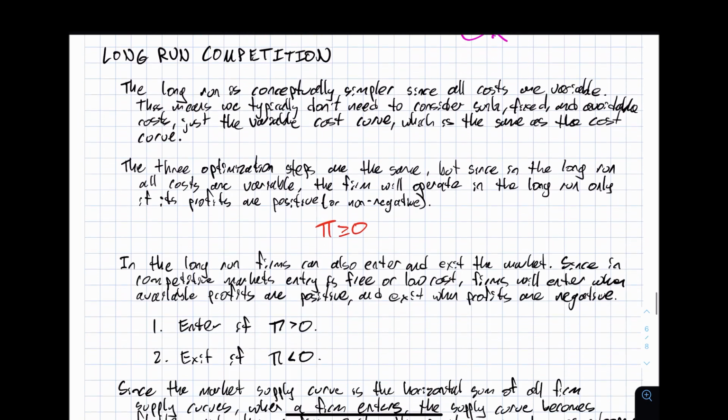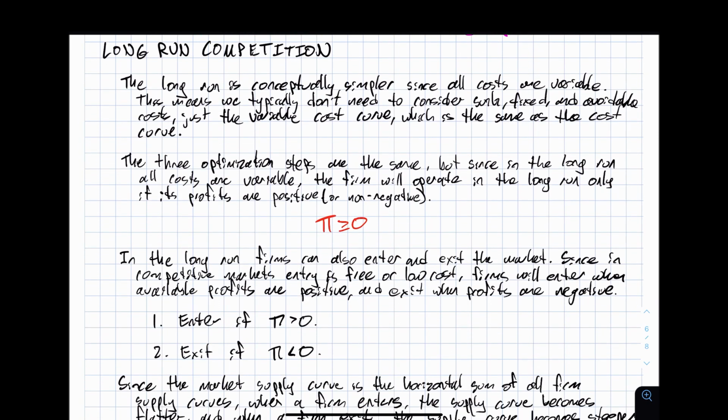In the long run, things become a bit simpler, where above we had to think about shutdown and negative profit. In the long run, all costs are variable, which means whenever a firm is making negative profit or loss in the long run, firms will leave the market.